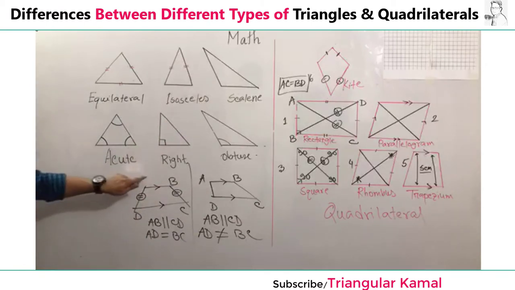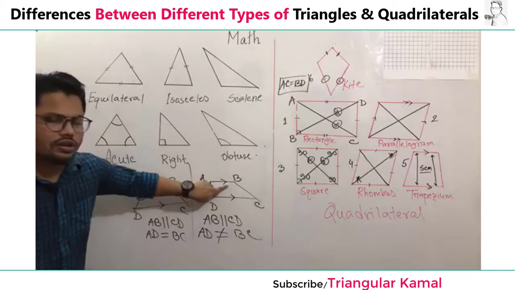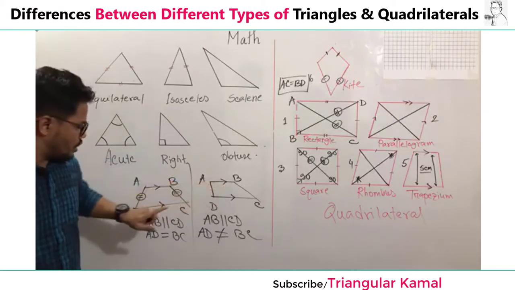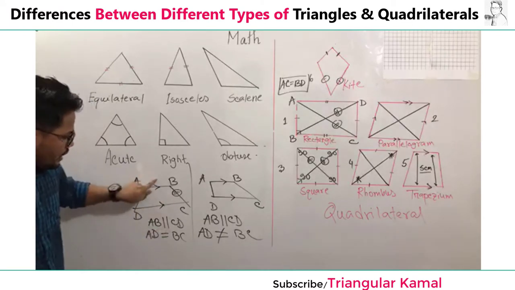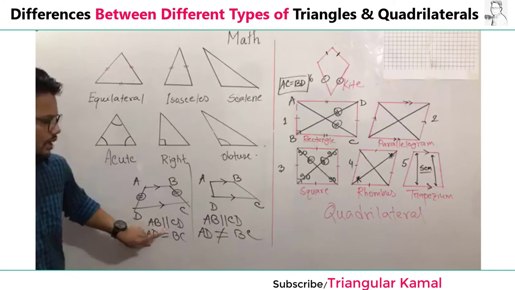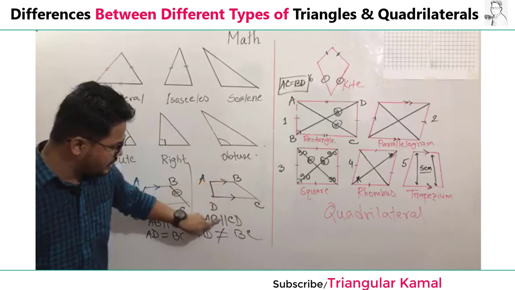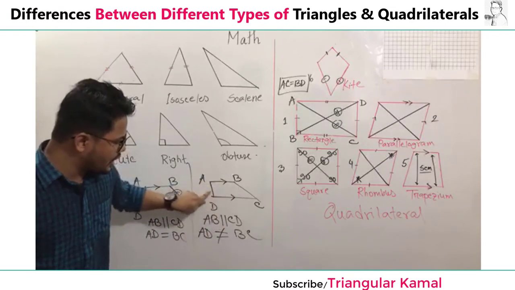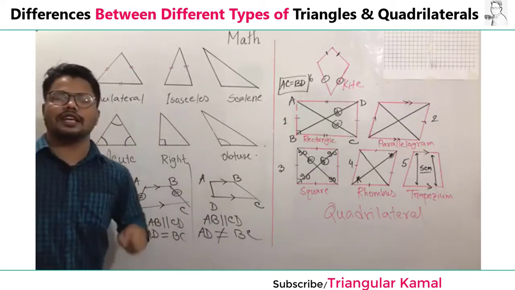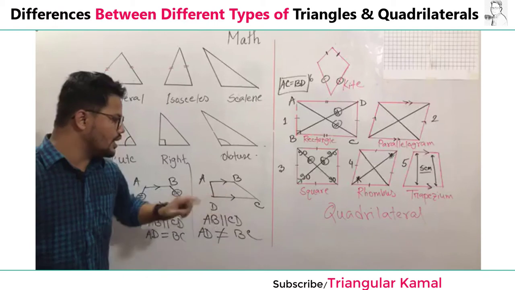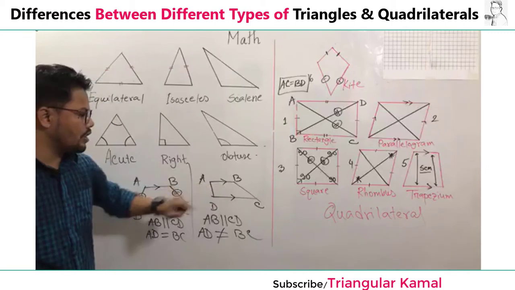What we see here, this one is called a regular trapezium, and this one is called an irregular trapezium. In a regular trapezium, one pair of sides is parallel and the other two sides are equal. In an irregular trapezium, one pair of sides is parallel and the other two sides are not the same. Like this AD and BC are not the same in measure, so it is called irregular.